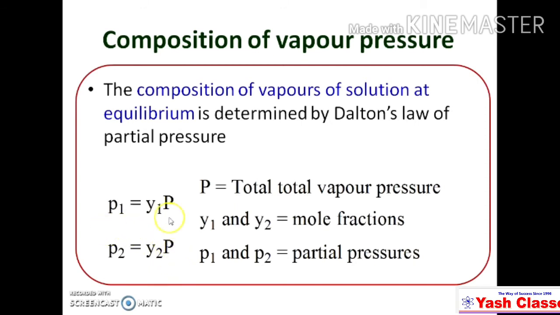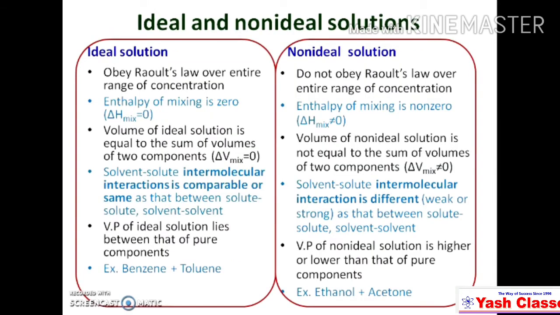So in this way, the composition of vapors of solution at equilibrium, or partial pressures, is calculated by Dalton's law. Now next important point is the difference between ideal solution and non-ideal solution. This point is important for examination.